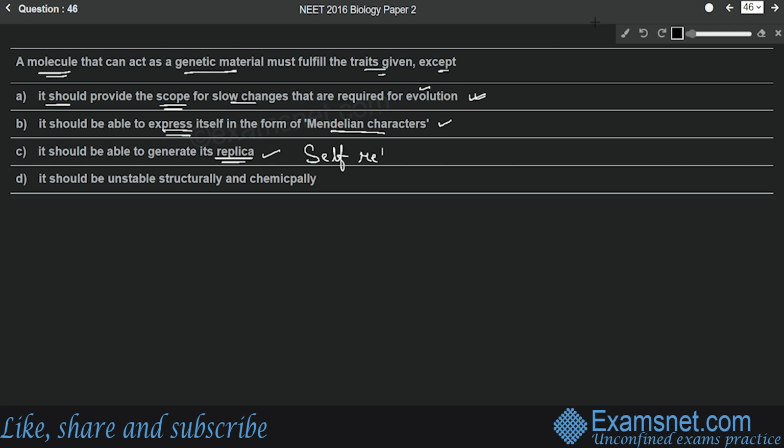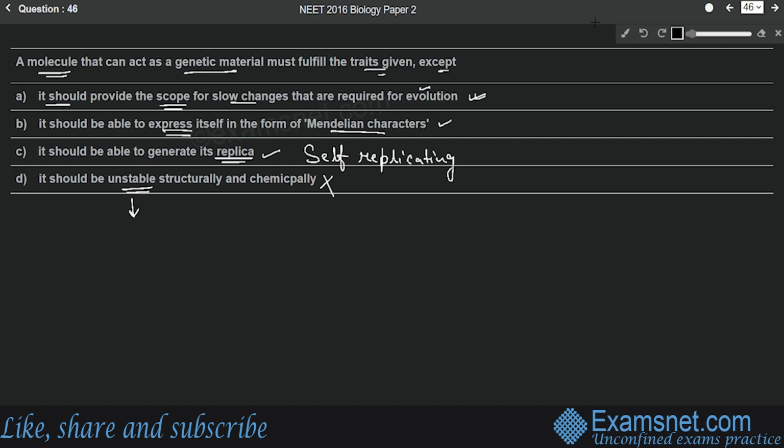And the last one says it should be unstable structurally and chemically. Now this is an incorrect statement because it should be stable. If the genetic material is unstable, then what will happen?